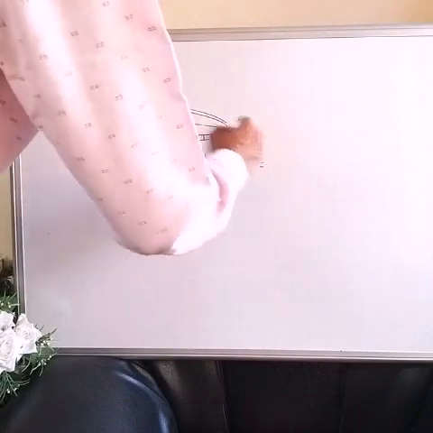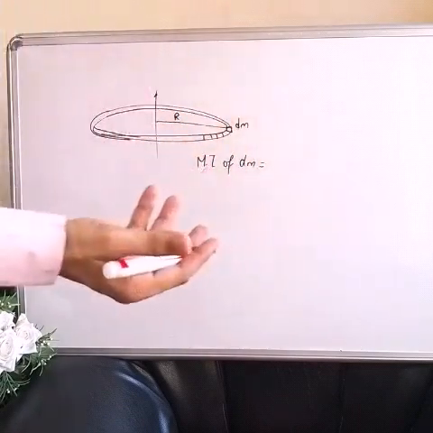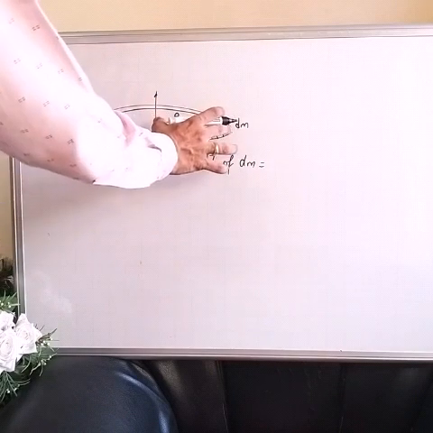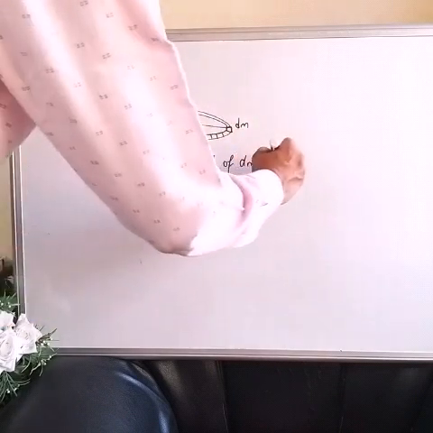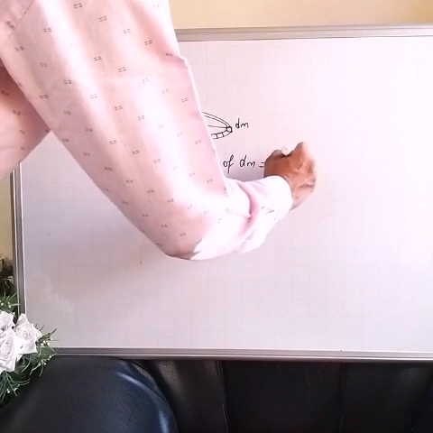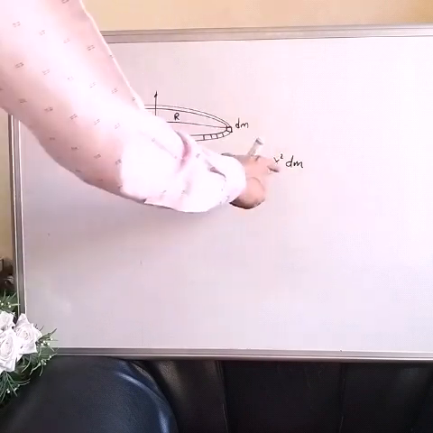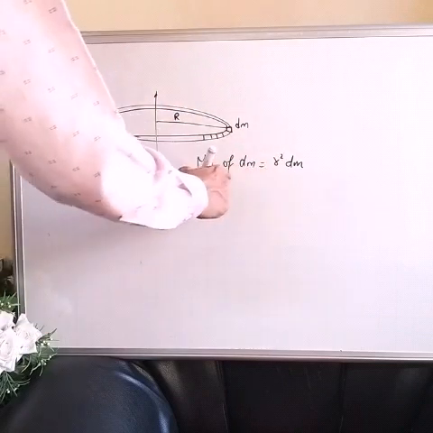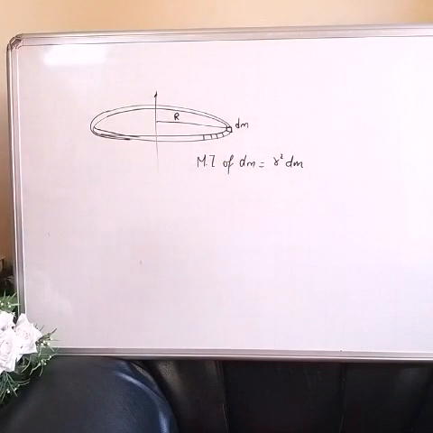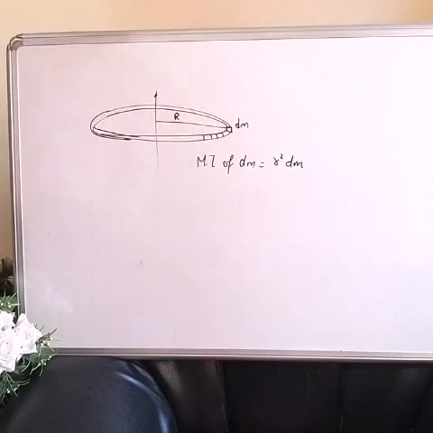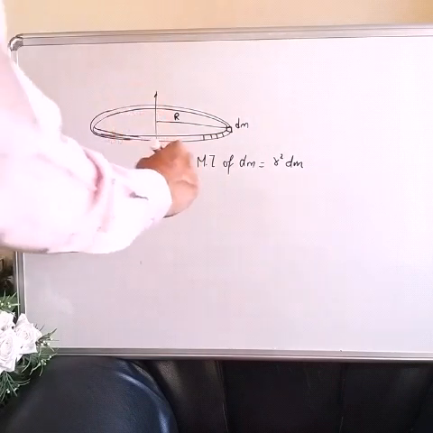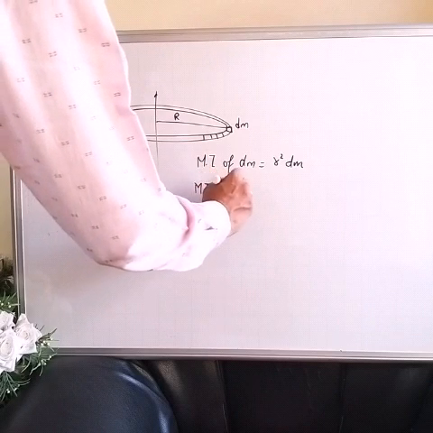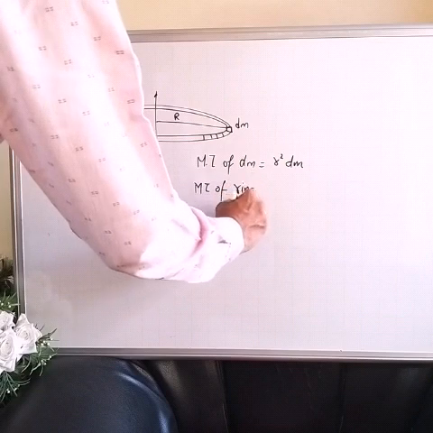As you remember the definition of moment of inertia, it is the square of the distance from the axis of rotation multiplied by the mass. So it will be written simply as r square dm. R square is the distance and dm is the mass of that element. This gives the moment of inertia of the mass dm at a distance r from the axis of rotation.